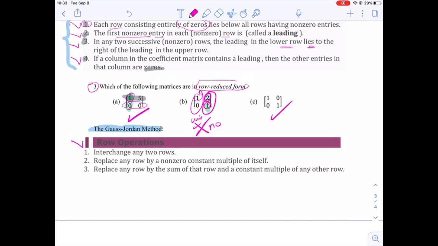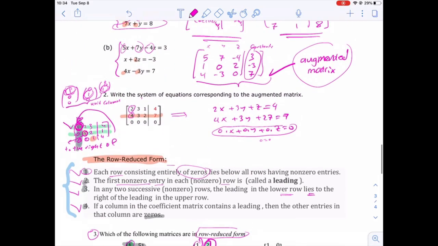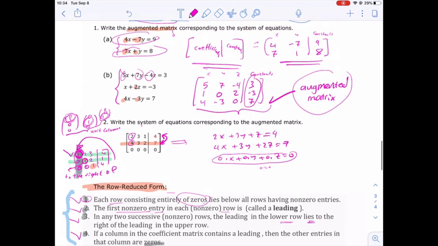The first thing, we can interchange any two rows in an augmented matrix. We can change, for example, the first two rows, because instead of writing the system this way, we can bring this down here and bring this up here. I mean, interchange the first and the second, and we still have the same solution.